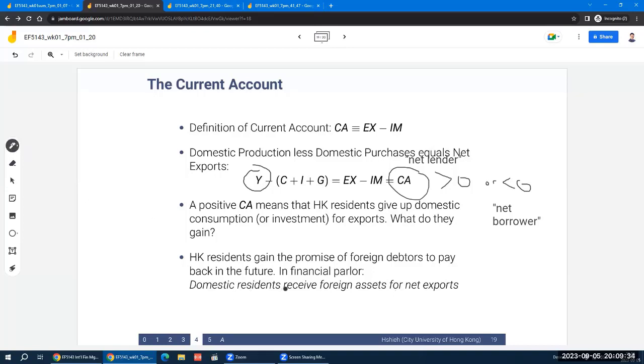Or they get to import something. So they receive foreign assets for net exports. They give out exports, they receive foreign assets so that they can use those foreign assets to hopefully spend sometime in the future or get some financial gains. And you'll see where the financial gains part comes about very soon.